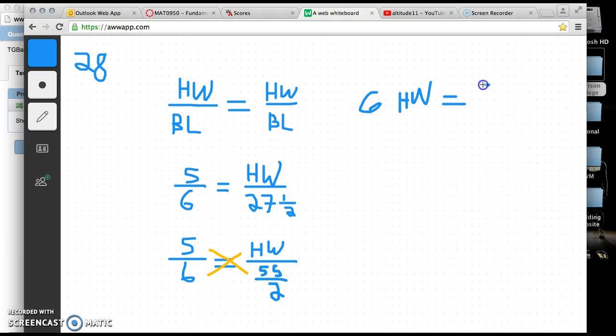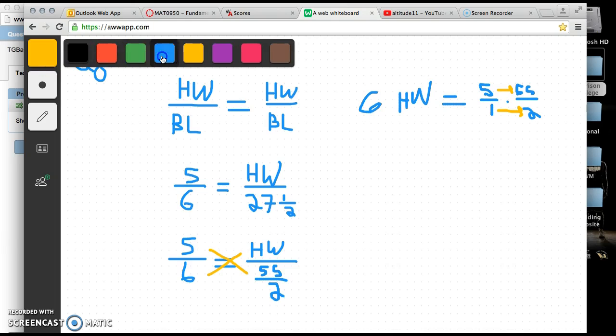So I'm going to write this as 5 over 1, that's just the same thing as 5, times 55 over 2. Okay, very good. So now we need to multiply these two fractions together. Remember, when you're multiplying fractions, you're just multiplying straight across, numerator times numerator, denominator times denominator. And let's see what we get.